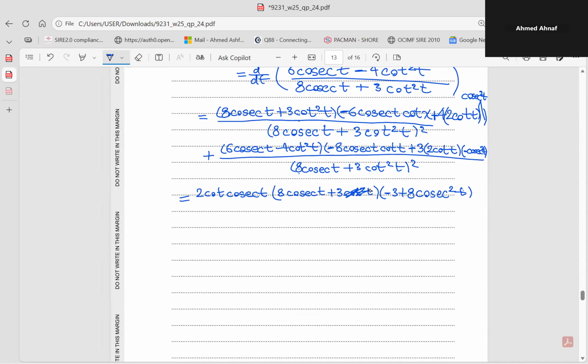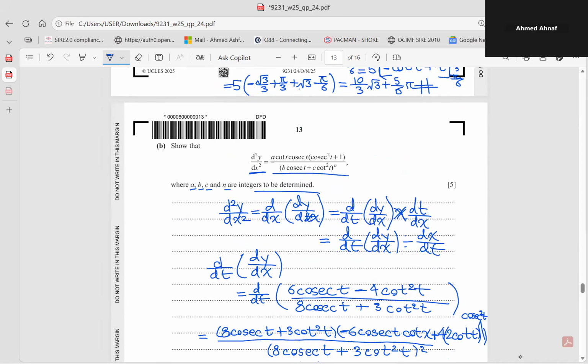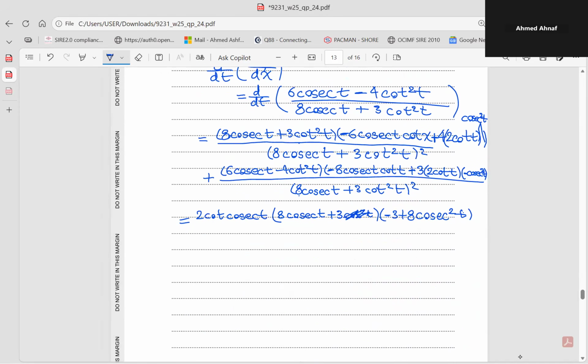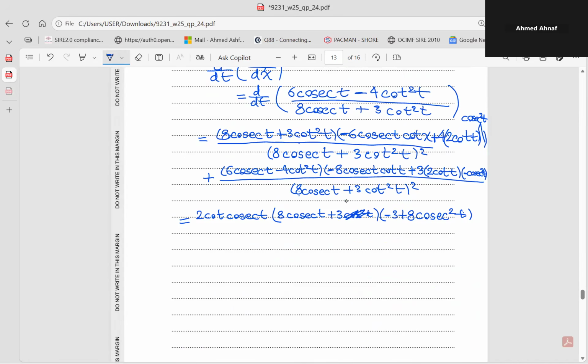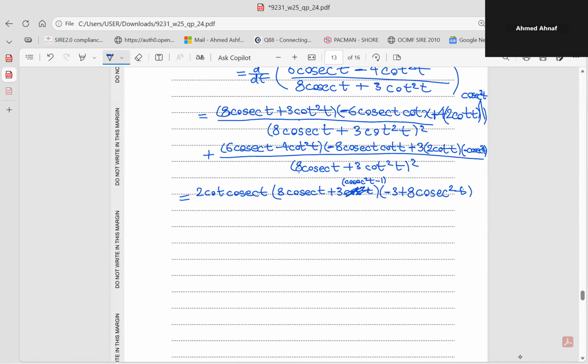Since there's no cotangent squared in the numerator at all, we're going to replace the cotangent squared with cosecant squared t minus 1. I'm just going to combine the numerator. We can also factor out the cotangent t cosecant t from here.